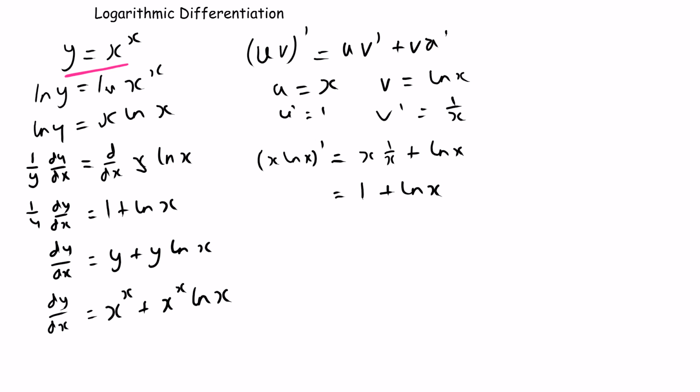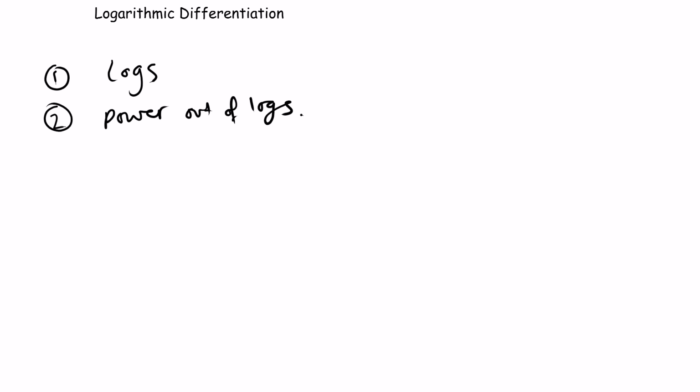So now we'll have a quick recap. To recap, the first step is we take logs of both sides. Step 2, we take the power out of the logs. So we had x to the power of x, took the logarithm which was log of x to the x, then we took the power down and we had x log x.